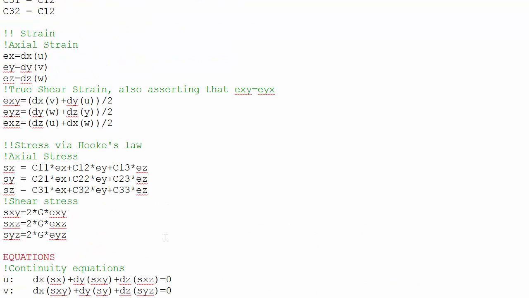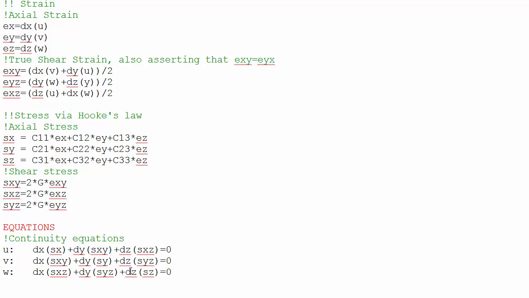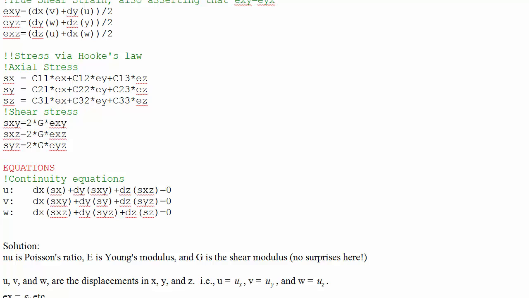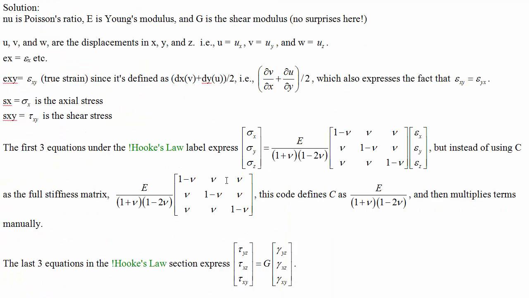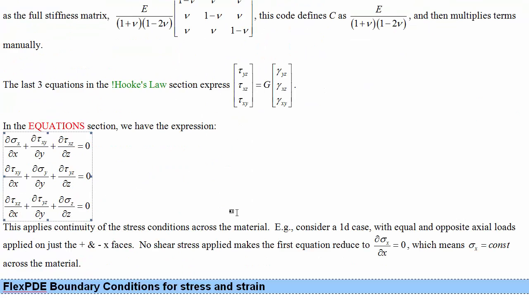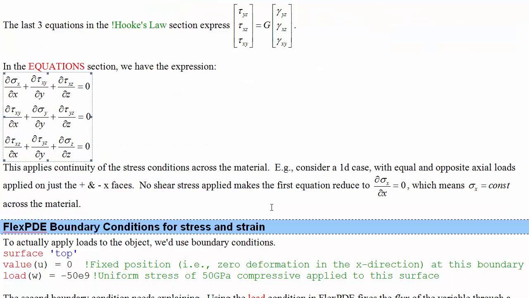We can also apply distributed loads on surfaces with uniform pressures in the boundary section. Everything I just explained is discussed here in the notes, so if you prefer to read it, you can go through that in writing.